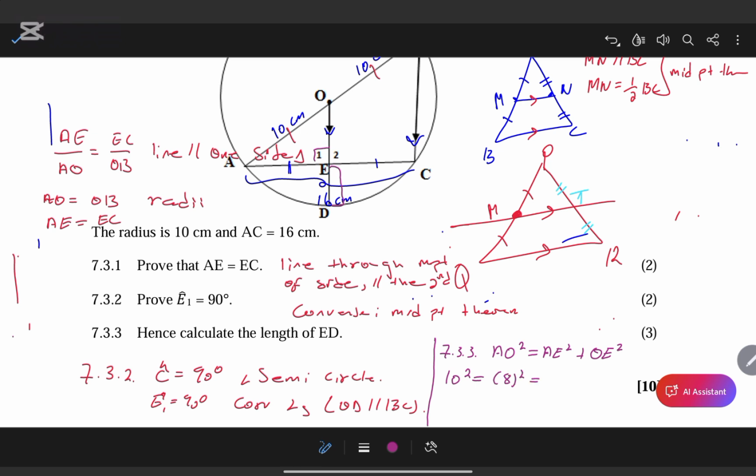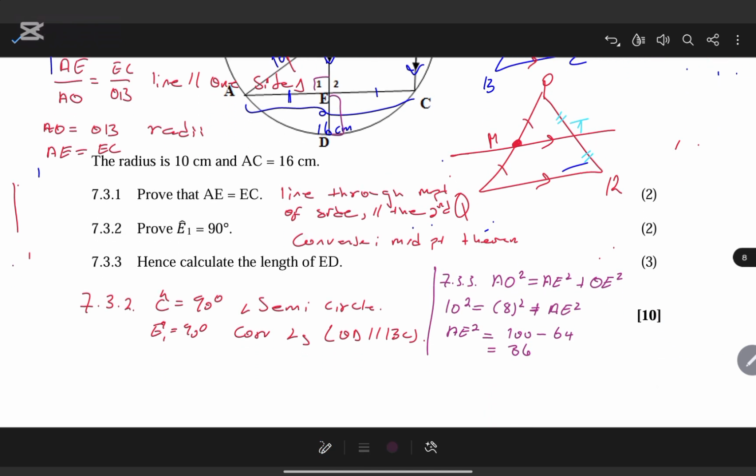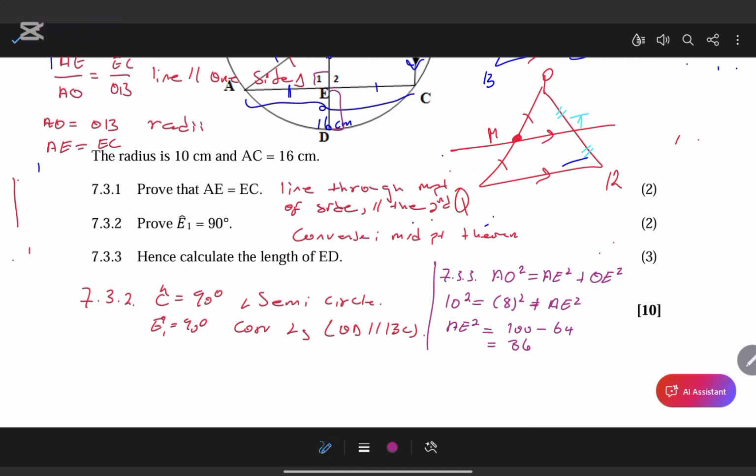So 10 squared is equal to 8 squared plus OE squared. And then you make OE squared the subject. So this will be 100 minus 64, and the answer will be 36. Therefore, the square root of 36 will be 6. Therefore, OE is equals to 6 centimeters.